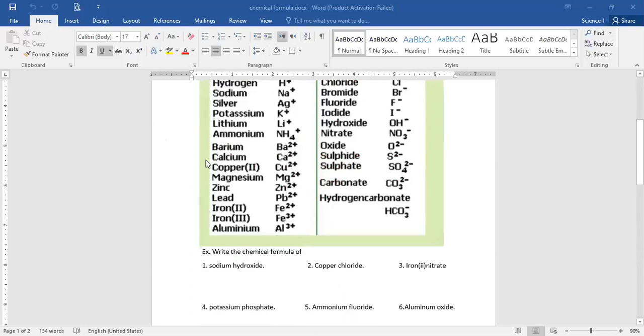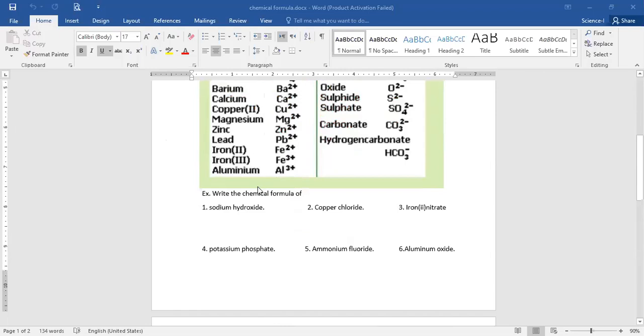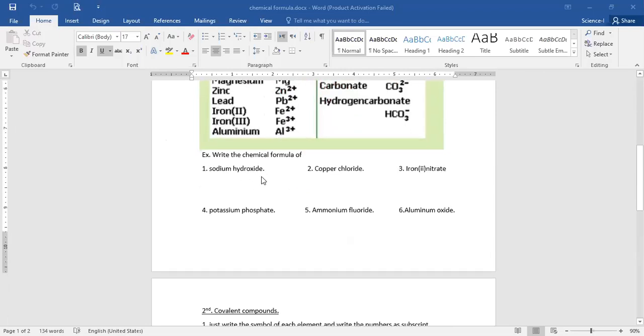So let's work together. Sodium hydroxide. What is the symbol of sodium? Na. What's the valence of sodium? 1.